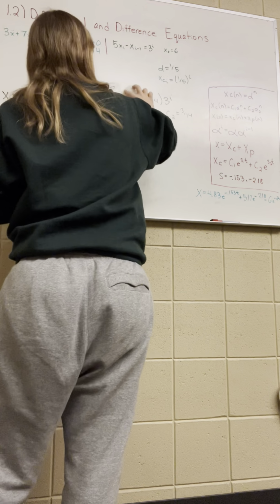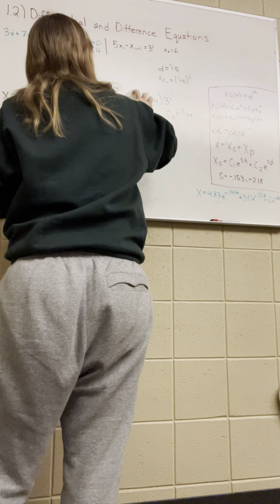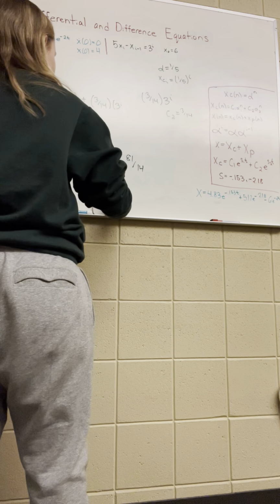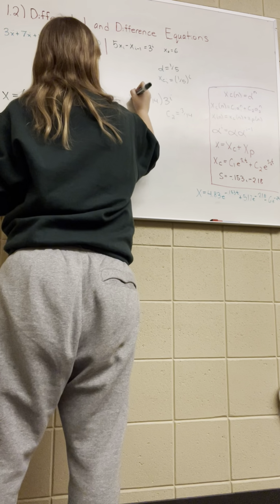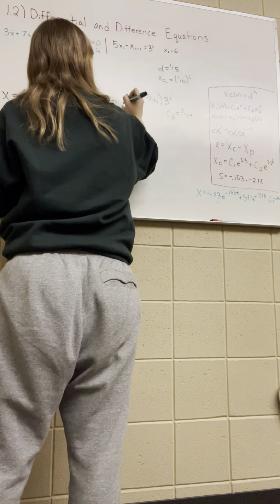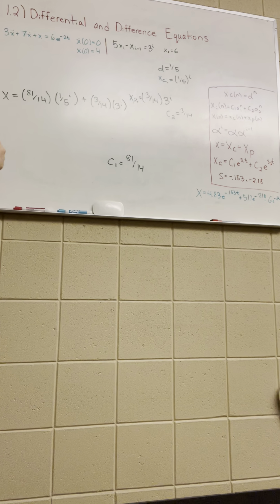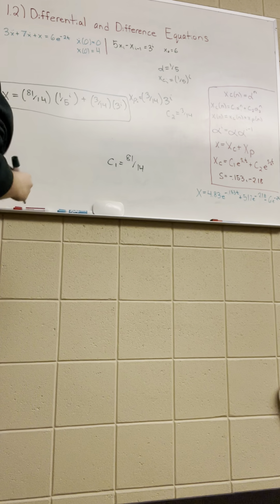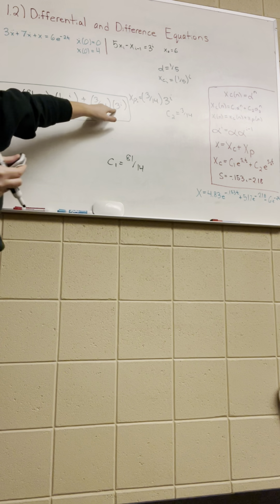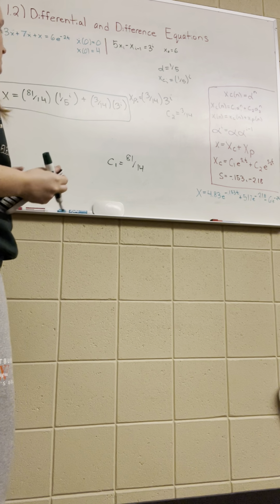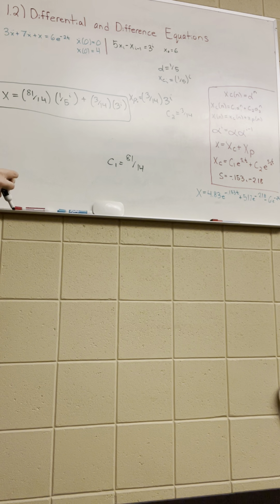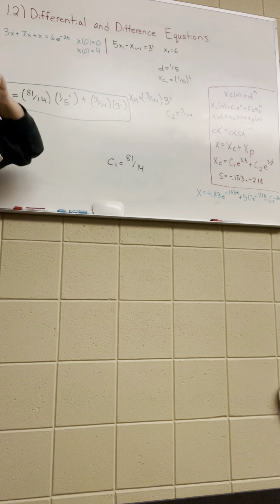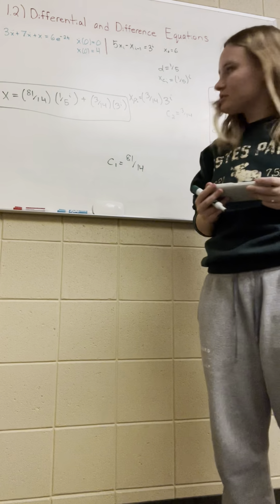And I'll erase this and just move it in a little closer. And this is our final equation, with these values kind of being like alpha 1 and alpha 2, and then c1 and c2. That is the final solution for this difference equation up here. And if you have any questions, please let me know.